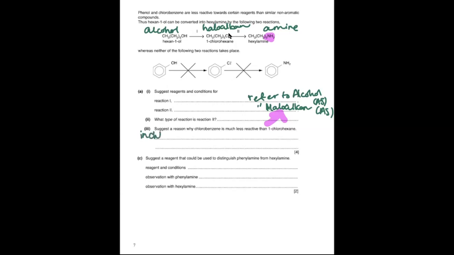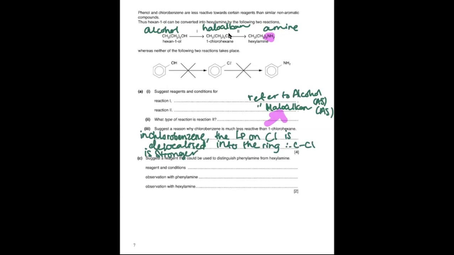In chlorobenzene, the lone pair on chlorine is delocalized into the ring, just like oxygen, okay, into the ring. Therefore, the C-Cl bond is strong.